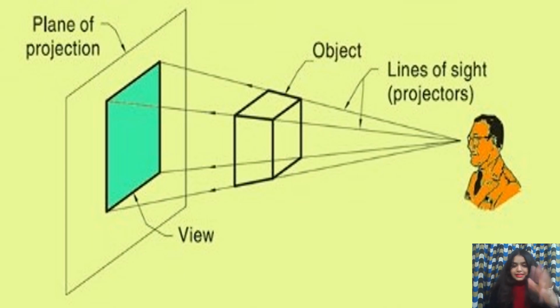The view is being projected on the plane, so this is our plane of projection. Why do we call it a plane of projection? Because the image is formed on that plane. The plane which has the image or the view is known as the plane of projection.